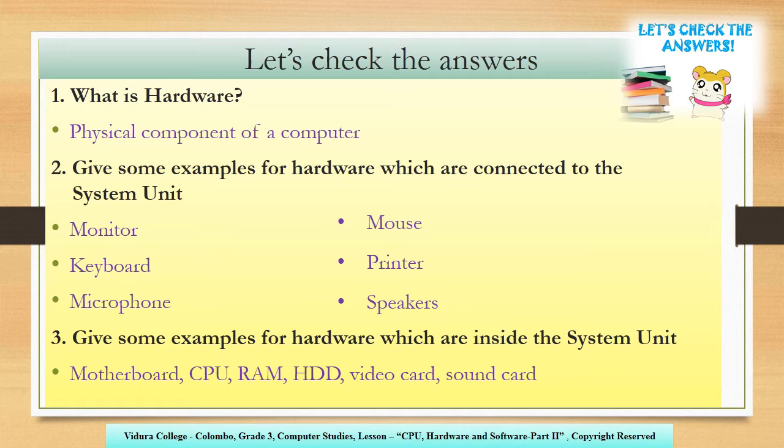Answers are monitor, keyboard, microphone, mouse, printer, and speakers. The third question. Give some examples for hardware which are inside the system unit. Answers are motherboard, CPU, RAM, HDD, video card, and sound card.